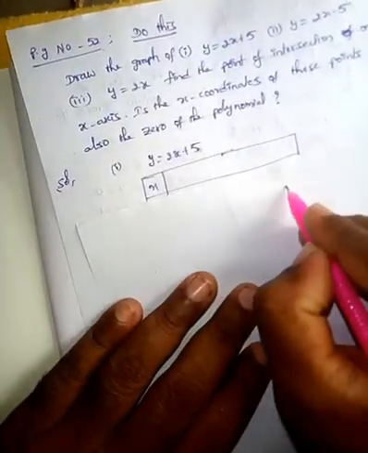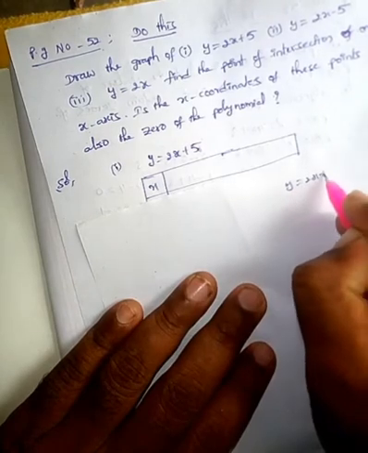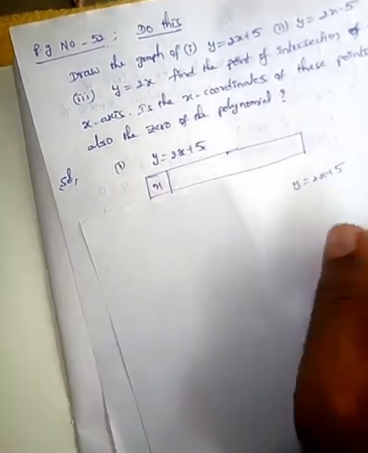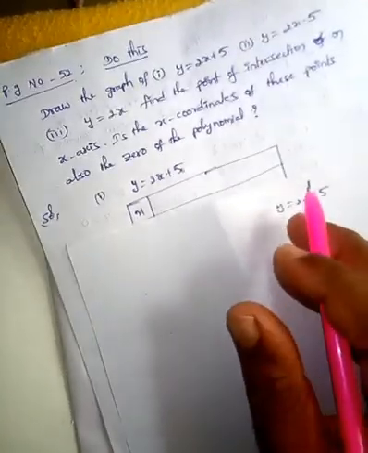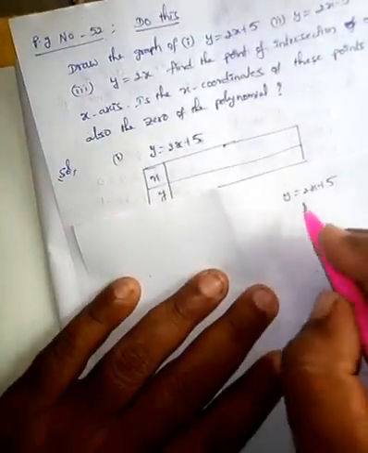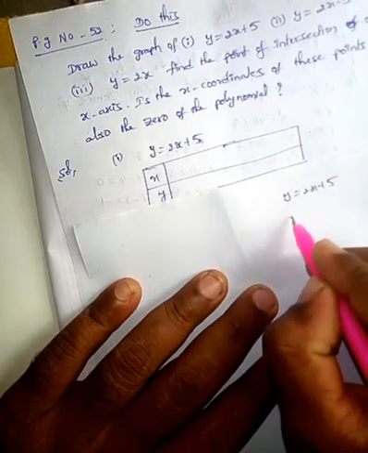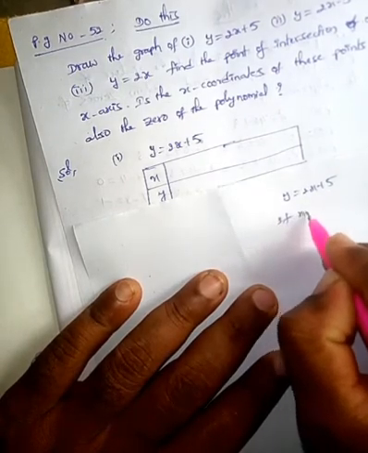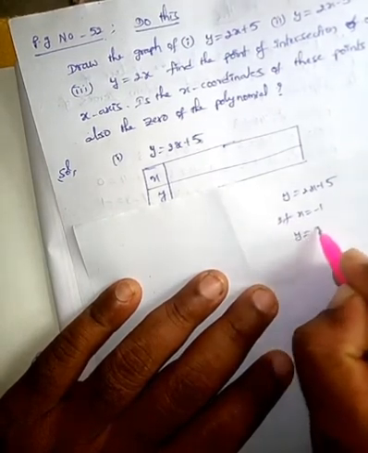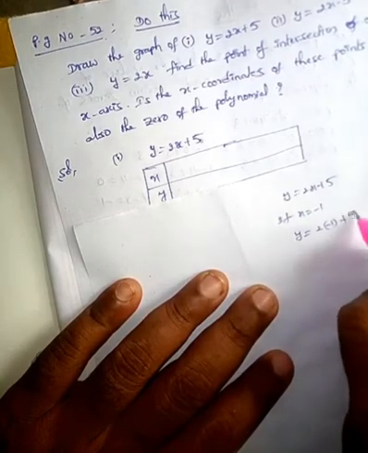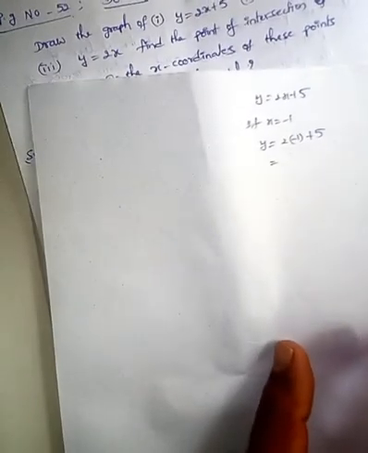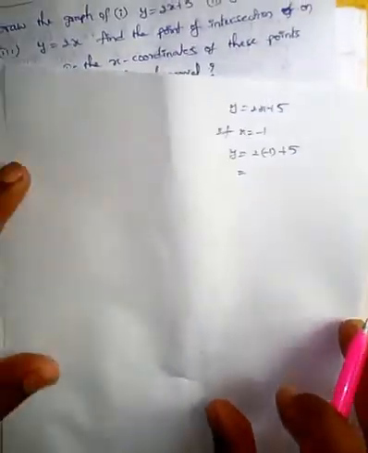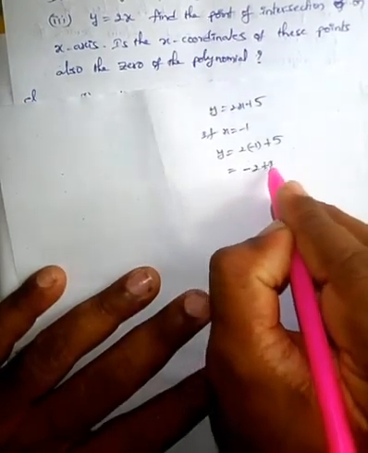Children, here the equation is y equal to 2x plus 5. Now substitute some values for deciding the xy values. At first I am taking x equal to minus 1. If x equal to minus 1, then y equal to 2 into minus 1 plus 5, that is minus 2 plus 5.